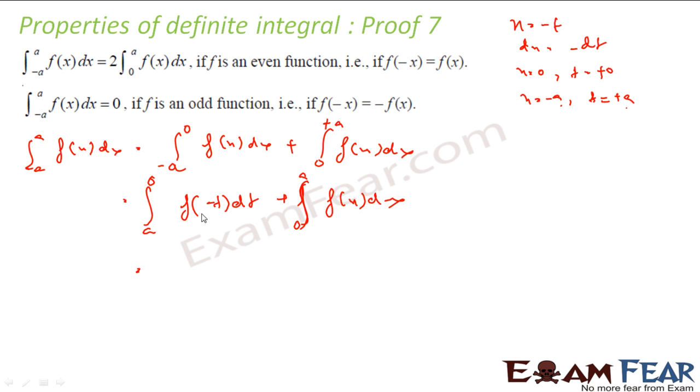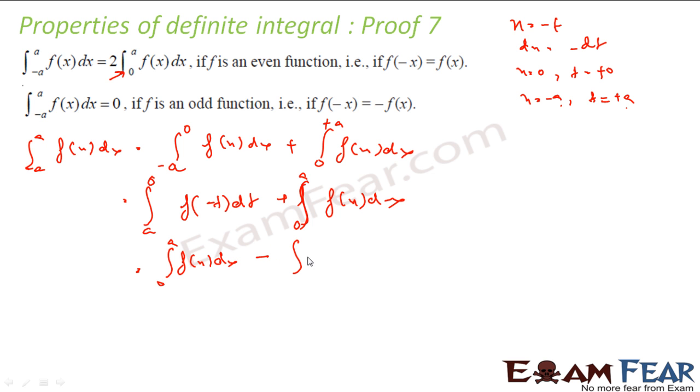This is nothing but, if you see, this is 0 to a, I want to make it a to 0 form because my answer is in a to 0 form. So there will be a negative sign here, correct? So if I write this guy first here, this becomes integral 0 to a f(x) dx this side first.